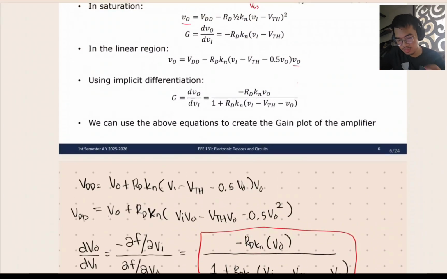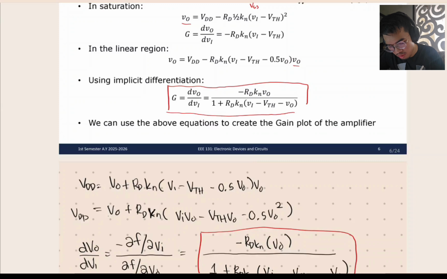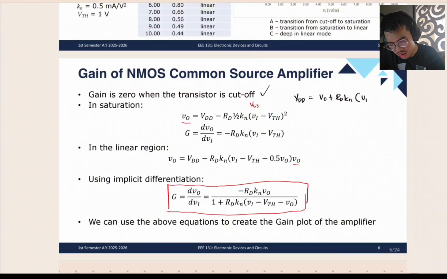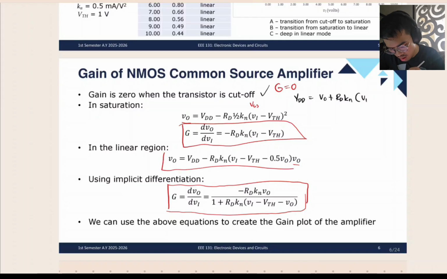So now, using implicit differentiation or using our shortcut, we can get the derivative or gain to be equal to this. So you now have the gain expressions, basically three, because the gain for the cutoff region is going to be 0. We have this expression, and then we have this one.